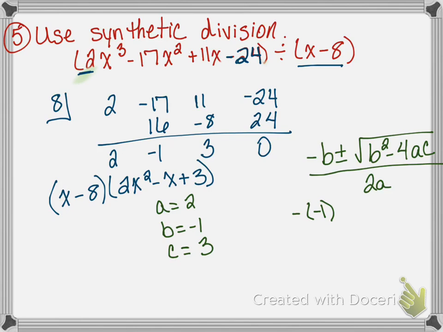Be careful with that. It's negative b, so negative 1 plus or minus the square root of b squared, and I am squaring negative 1. So negative 1 squared is going to be positive 1. Be sure you've got those parentheses there. So it's b squared minus 4 times a, which is 2, times c, which is 3.